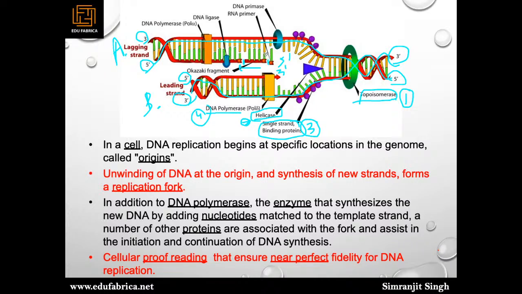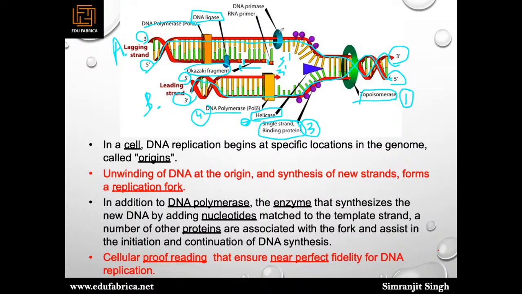These gaps make fragments of our DNA, fragments produced by the DNA polymerase. These fragments are called Okazaki fragments, discovered by a Japanese scientist. These can be joined with the help of DNA ligase. So DNA ligase will join them together.